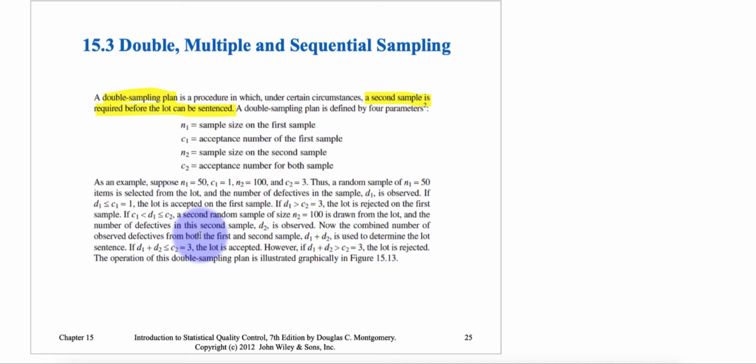And there is also a third option: if we reject the lot, we do not need to go with the second sample either. That's why it is called the double sampling method. And we expect that the size of the first sample will be less than the sample size we use in single sampling plans.